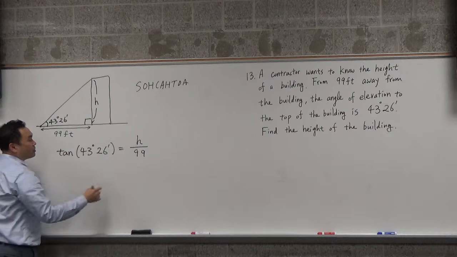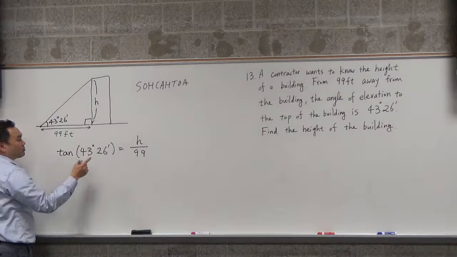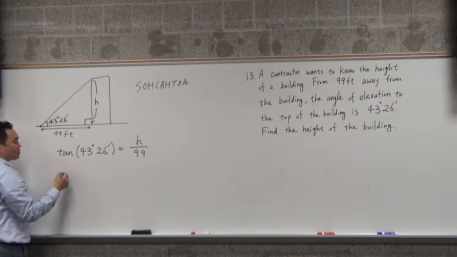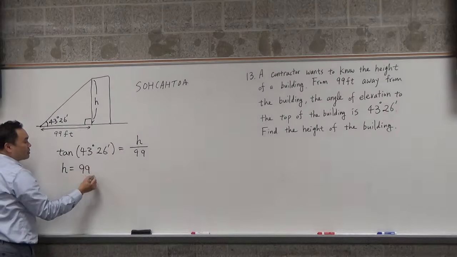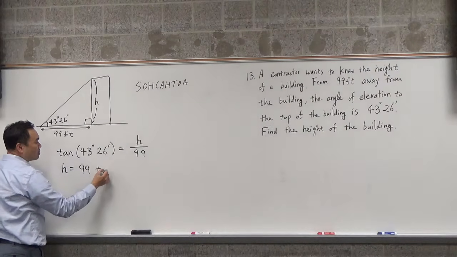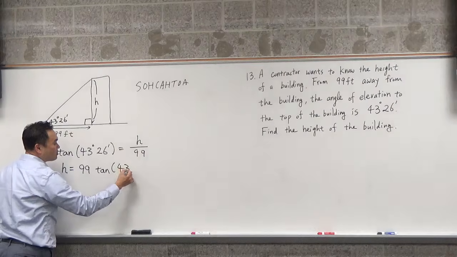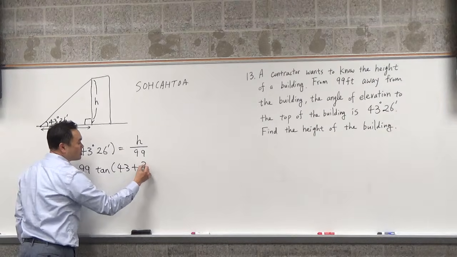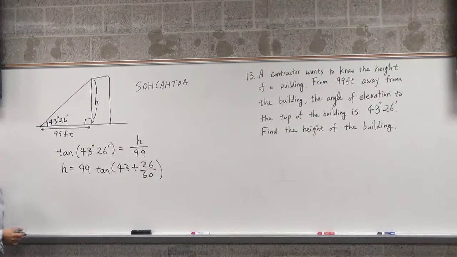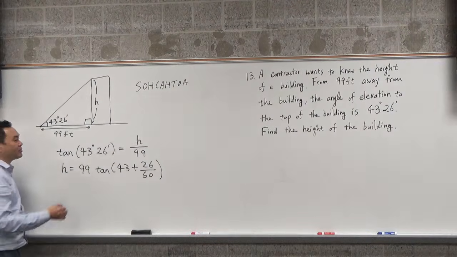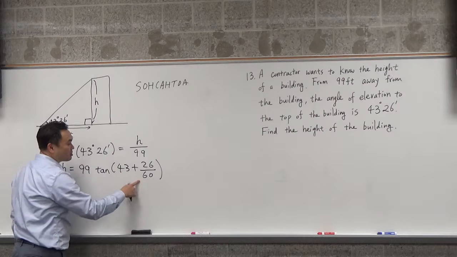That means if you want to solve for h, you have to multiply by 99 both sides, so that the height that we want to know would be 99 times tangent of 43 degrees plus 26 over 60 degrees. So you have to convert minutes to degrees by dividing 26 minutes by 60.